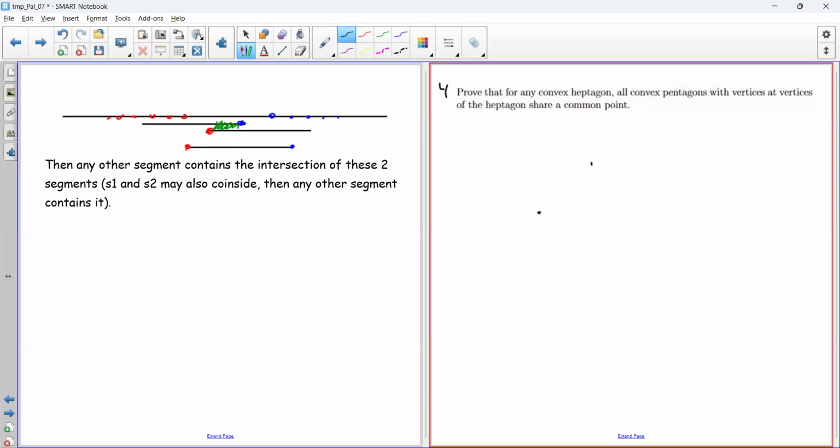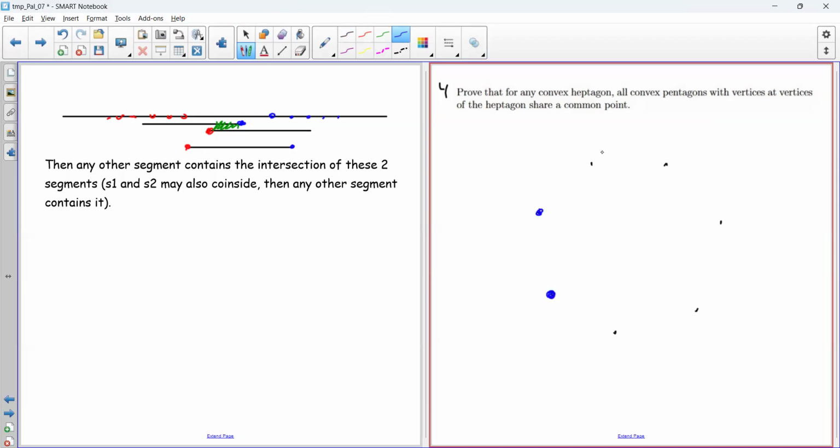So it's problem number 4. We have this 7-gon or heptagon, and we consider pentagons with the vertices in these 7 points.